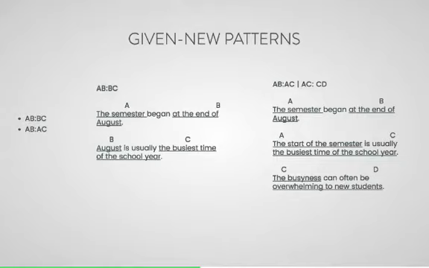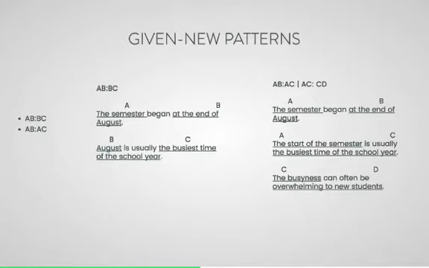Sentence one is the same sentence as the previous example: The semester began at the end of August. But instead of referring to the predicate, the idea labeled B, we refer back to the idea labeled A. So we say, The start of the semester, labeled A again, is usually the busiest time of the school year. That's our new piece of information in this sentence, and that's labeled C.